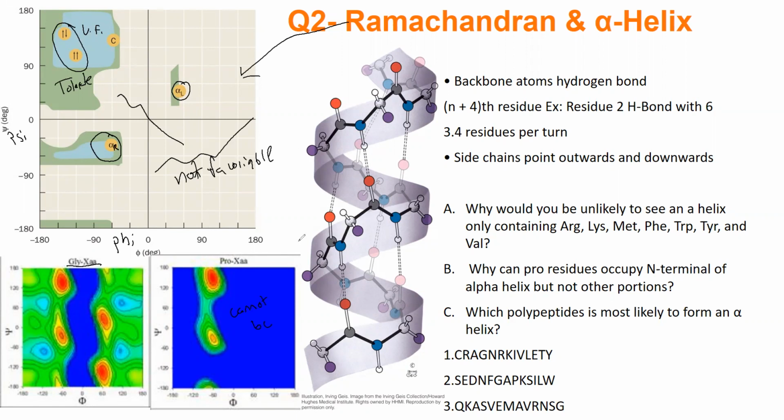Let's get to the alpha helix. The way an alpha helix is, it's just a big helix. The big thing I want you to remember for the alpha helix is that what holds it together, and what holds all secondary structure together, are backbone atom hydrogen bonds, right? So if we look at this alpha helix, here's a carbonyl carbon.